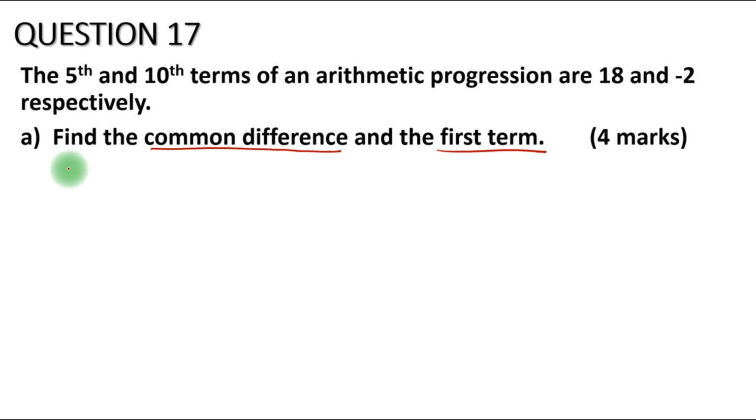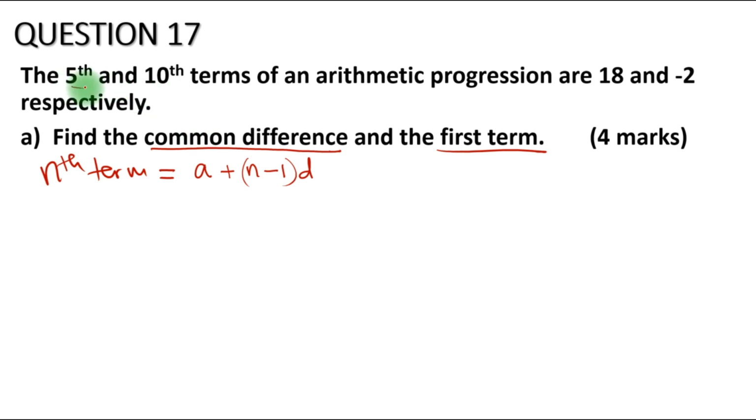So we need to know that the nth term of an arithmetic progression is given by the first term, which is a, plus n minus 1, so the number of terms reduced by 1, multiplied by the common difference d.